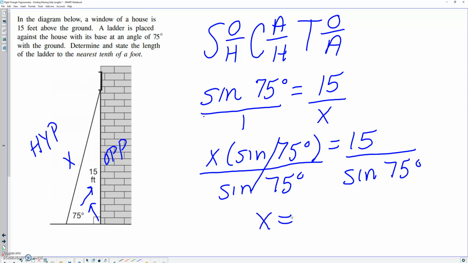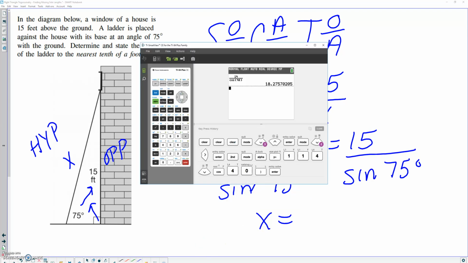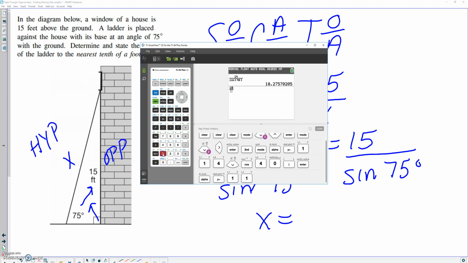And then from there, we put this in our calculator. So we're going to go back to our calculator. Hit alpha y equals to get our fraction. And now we're typing in 15 divided by sine of 75 degrees.